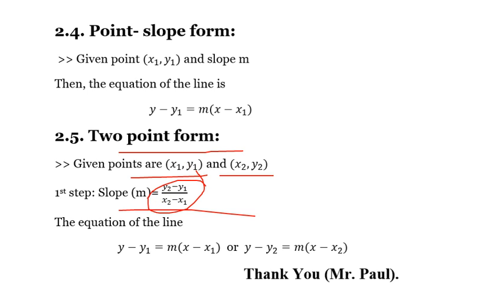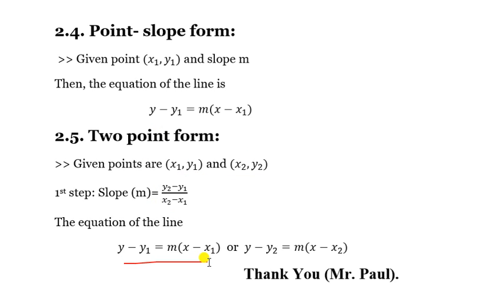After that, the same formula: y minus y1 equals m times (x minus x1), or you can write y minus y2 equals m times (x minus x2). You can use either one; in place of y1 you can use y2, and in place of x1 you can use x2. It depends on which point you take. Any one point you can take, no problem. You'll get the solution.